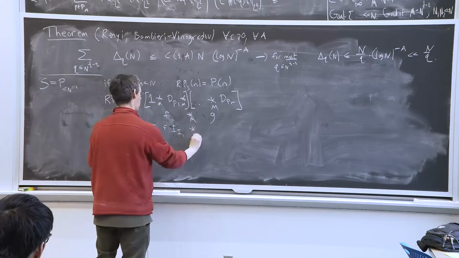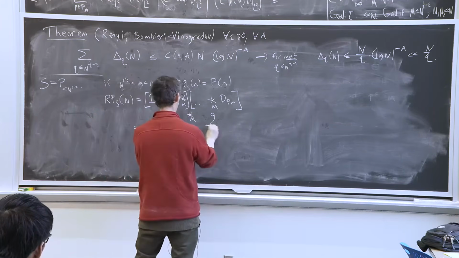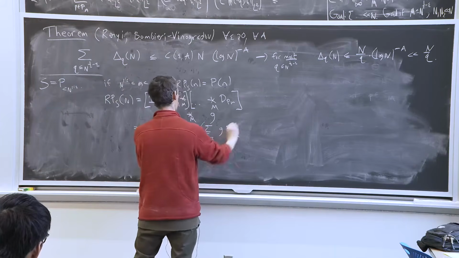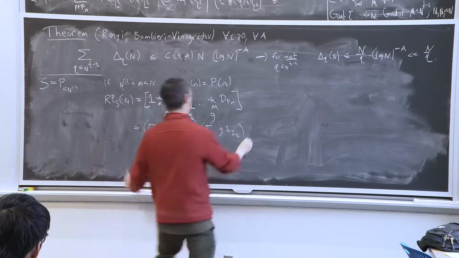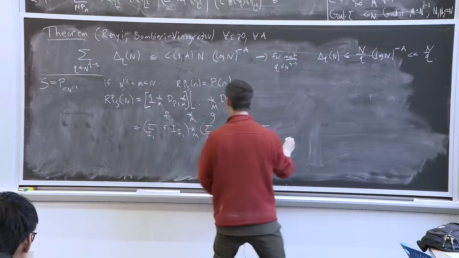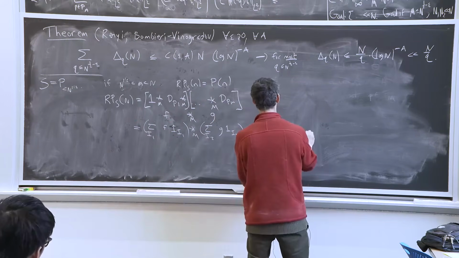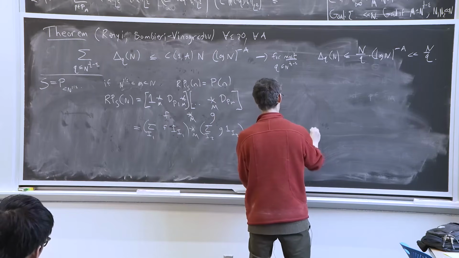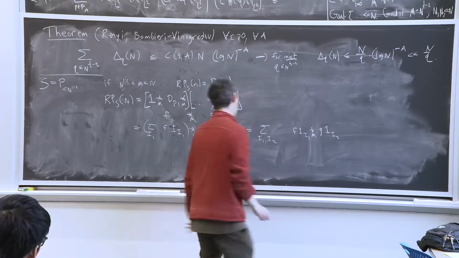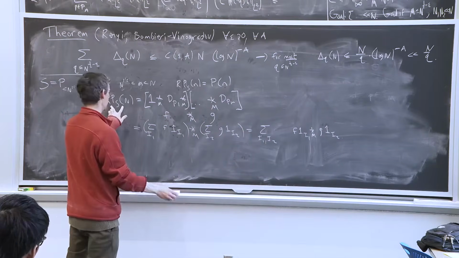And I'm going to convolve that with the sum over I2 of g times the characteristic function of I2. And I can open up the parentheses. It's the sum over I1 and I2 of f_I1 convolved with g_I2. OK.